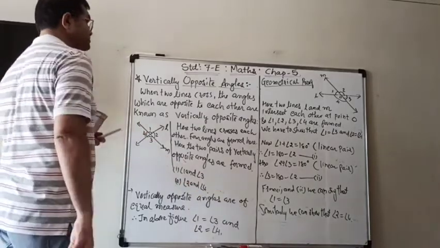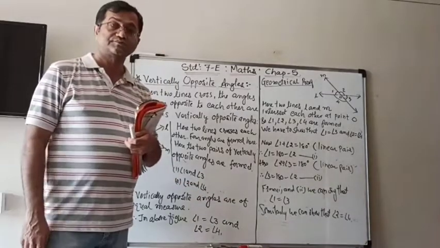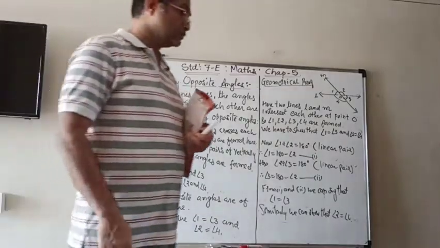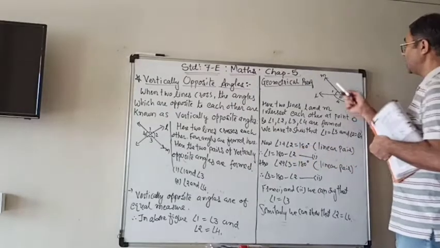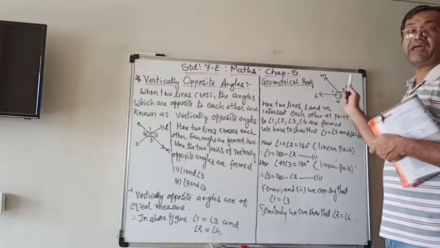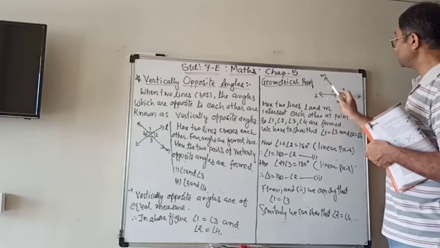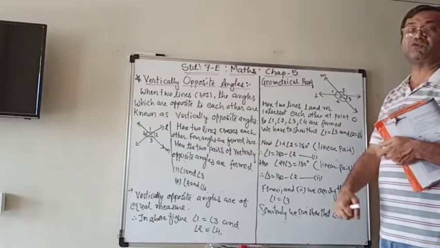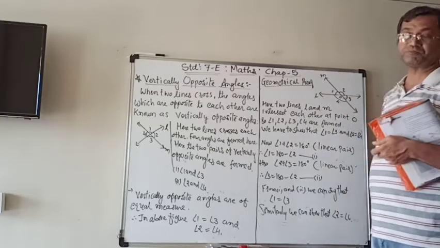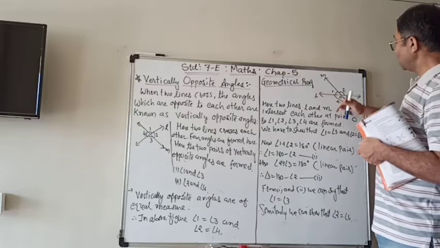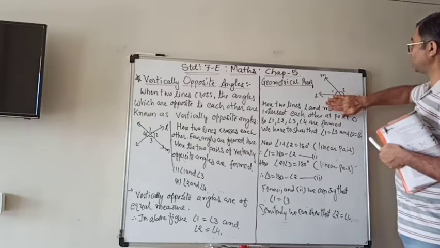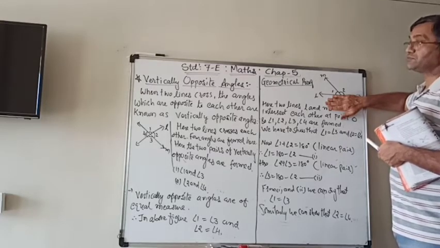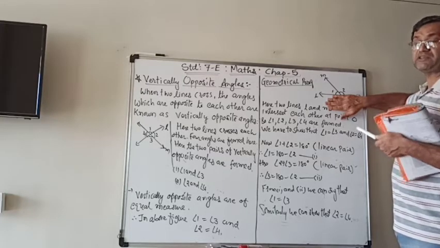And we can prove this geometrically also. Let us understand how this statement can be true. Here there are two lines L and M crossing each other, and angle 1, angle 2, angle 3 and angle 4 are formed at the point O. What did we learn in the beginning of this session?